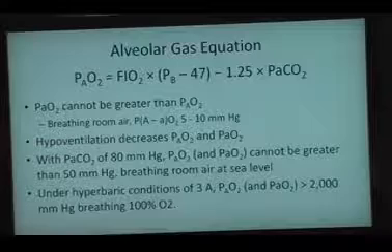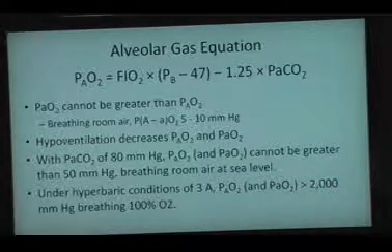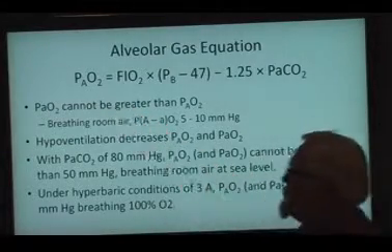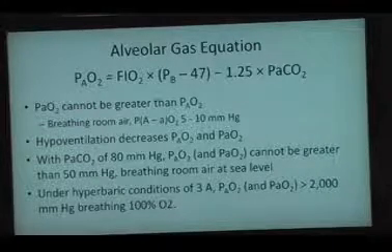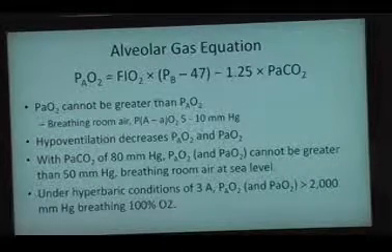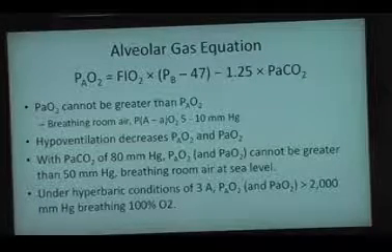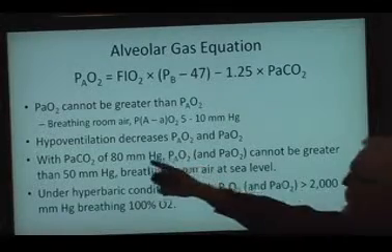Hypoventilation decreases the alveolar PO2 and hence the arterial PO2, because the arterial PO2 can never be greater than the alveolar PO2. So let's say that unfortunately you take an opioid and that reduces your ventilation and your PCO2 goes up to 80.